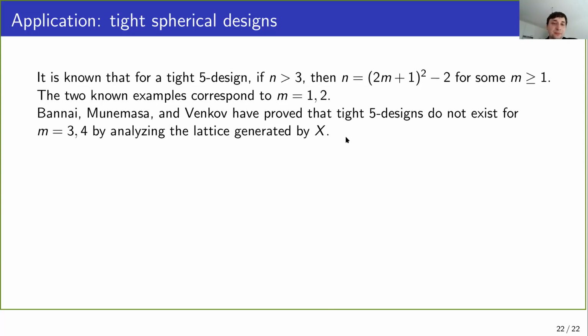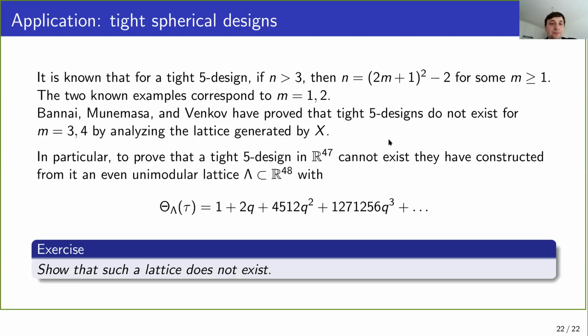The proof is based on analyzing the lattice generated by the tight design. In the case of 3, which corresponds to a potential 5 design in R^47, they constructed a certain even unimodular lattice out of the tight design in one dimension higher, and they showed that that unimodular lattice has a theta function starting with the following sequence of numbers.